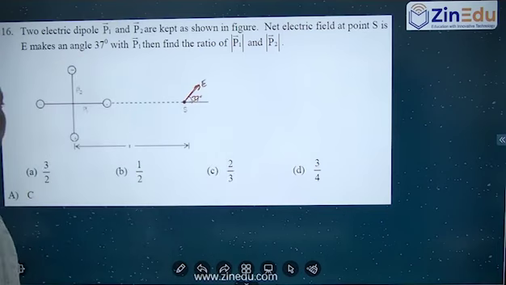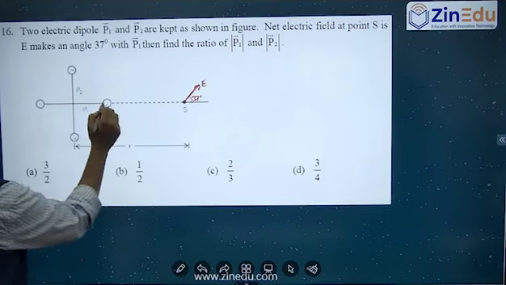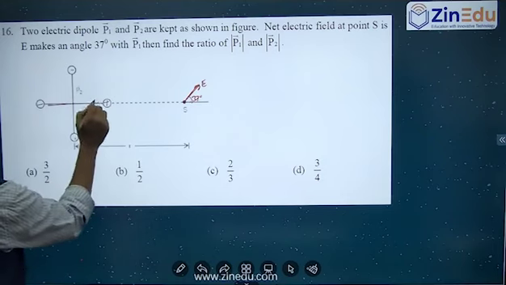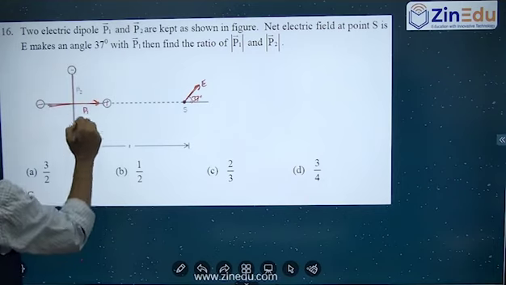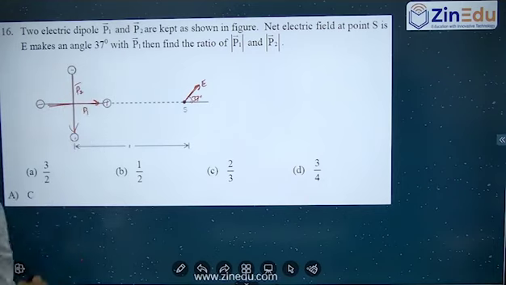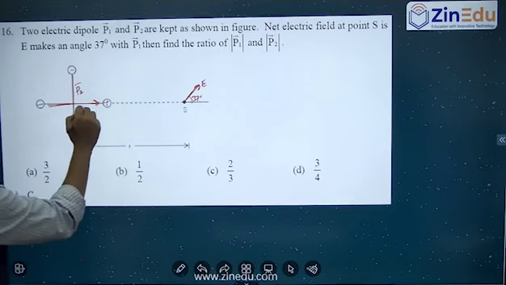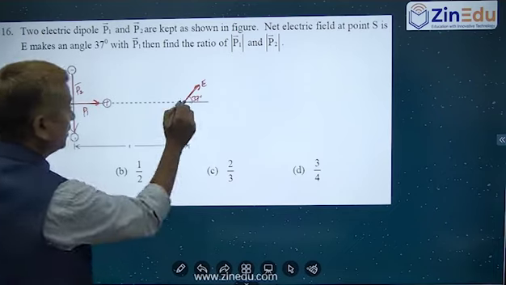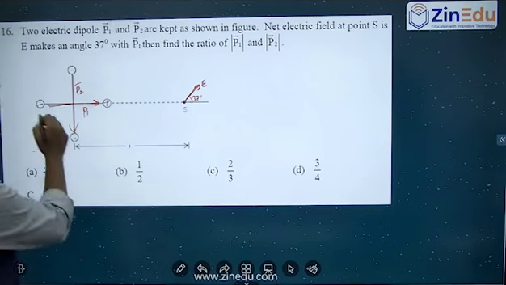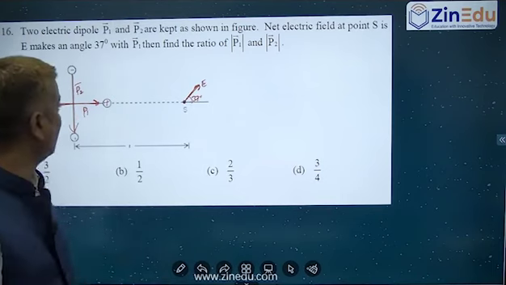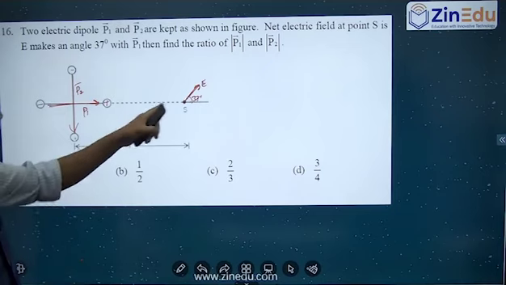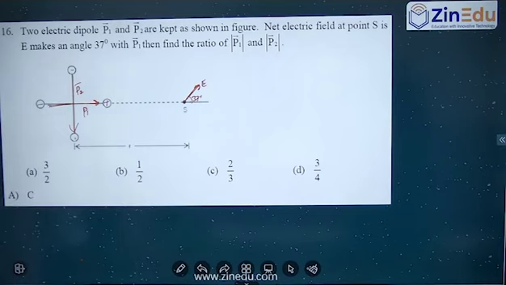Here P1 bar is like this, positive and negative, and P2 bar is like this. Now this point S is on the axial line of P1 bar, and it is on the perpendicular bisector of P2 bar.